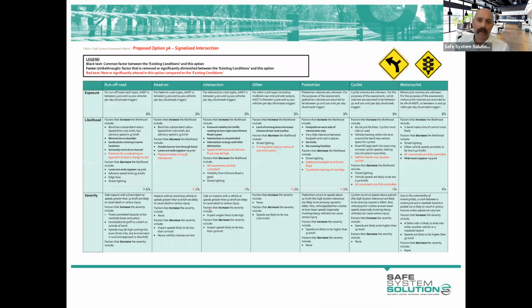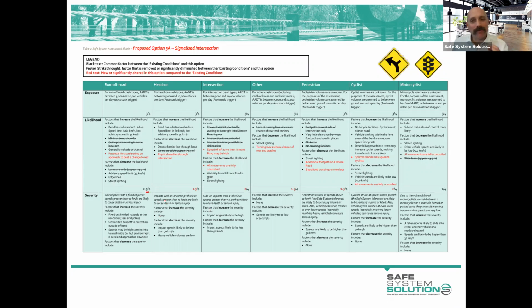This is a really exciting part of a safe system assessment for me, that you only have that 0.5 to play with. And we encourage you not even to go to 0.5, just to stay at whole numbers.